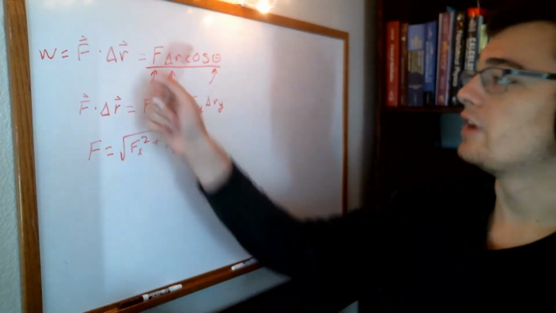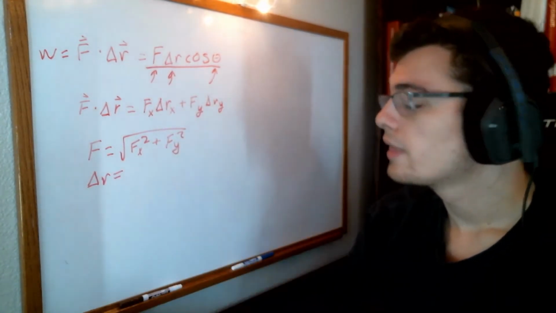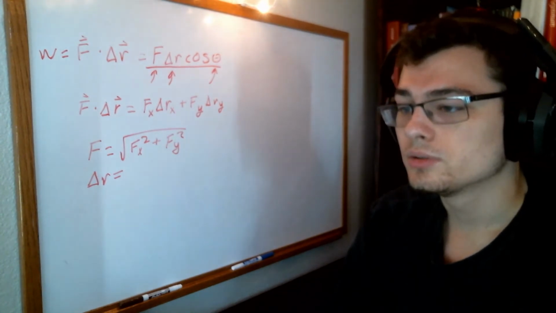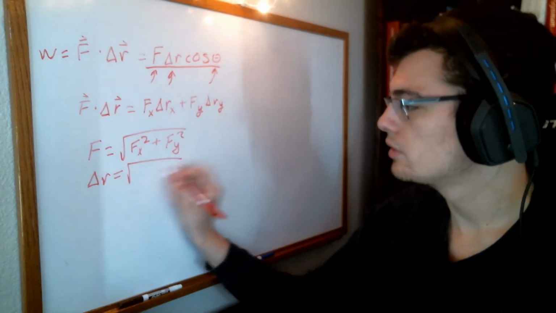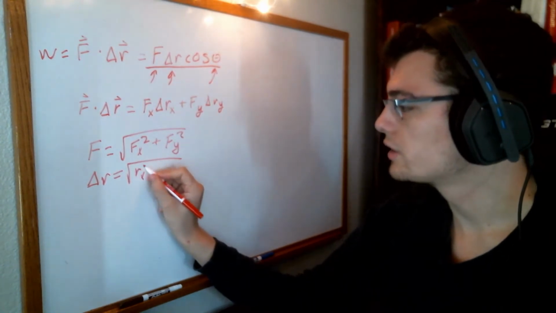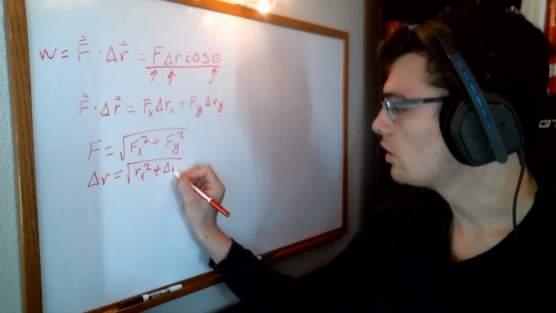And so now we have F for this, and then delta r is going to be equal to the square root of delta rx squared plus delta ry squared.